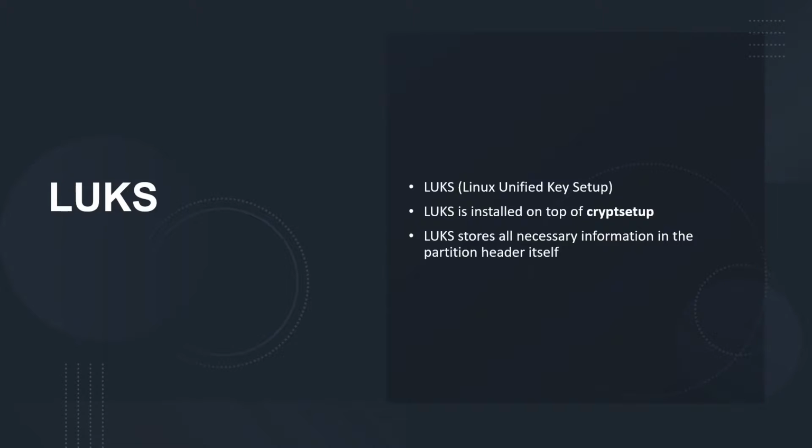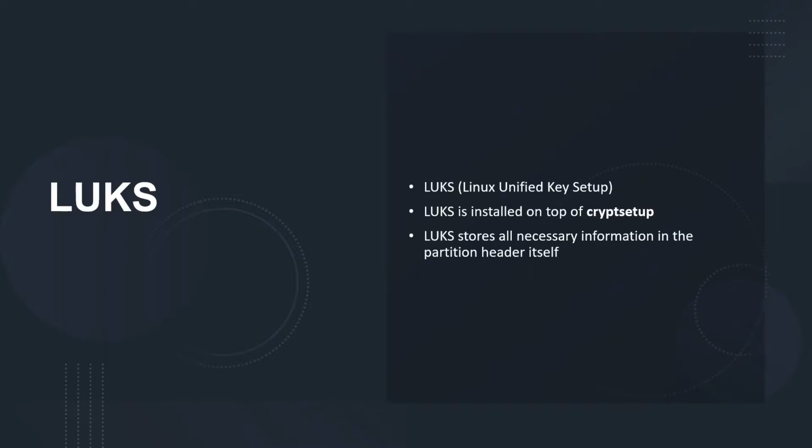LUKS. Modern Linux distributions provide block device level encryption mainly through the use of LUKS, Linux Unified Key Setup. Using block device encryption is highly recommended for portable systems such as laptops, tablets, and smartphones.